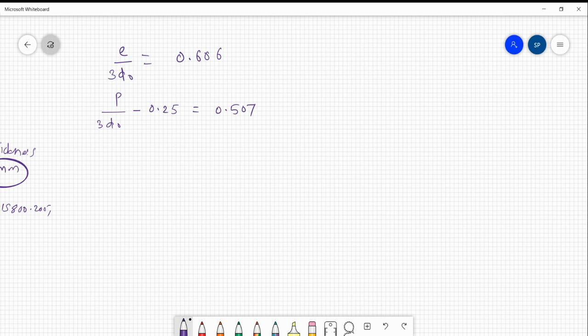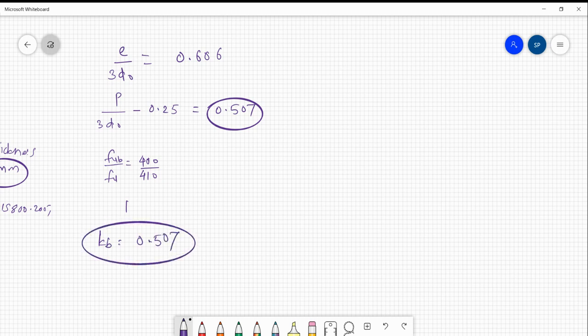Then FUB upon FU. So FUB is 400, sorry, and FU is 410. And last one is 1. So out of these 4, this appears to be the least value. So in calculation of VDPB, we will be using KB equal to 0.507.